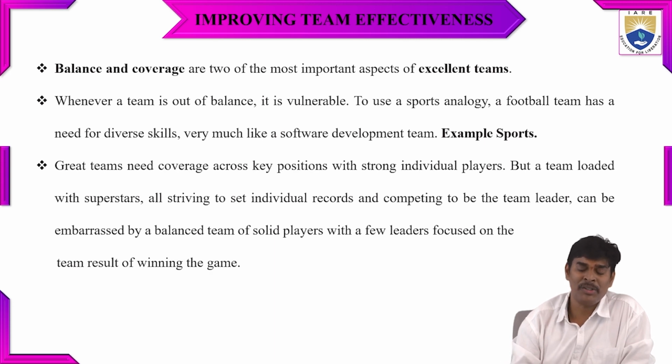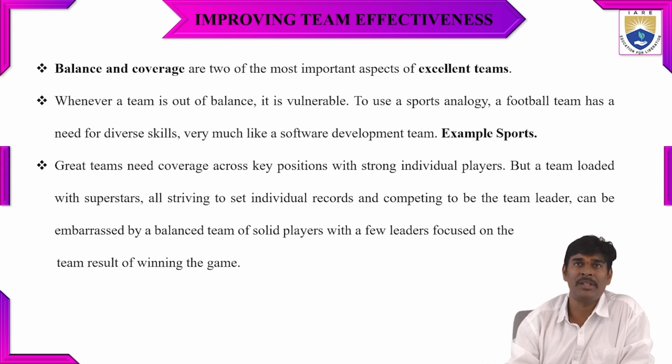So if you want to balance the team, we need to check who the solid players are, like the batting side, bowling side, wicket keeper, and those who are all-rounders. We need to balance and cover the whole team in a proper manner. If the whole team has excellent experience and personal skill, they may have some egos, or the balance between the team is very odd.